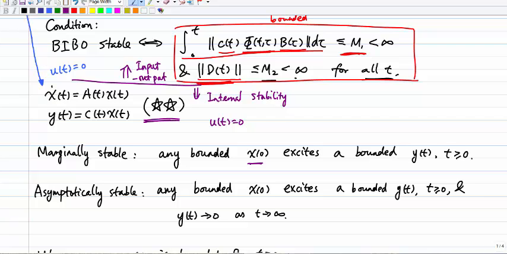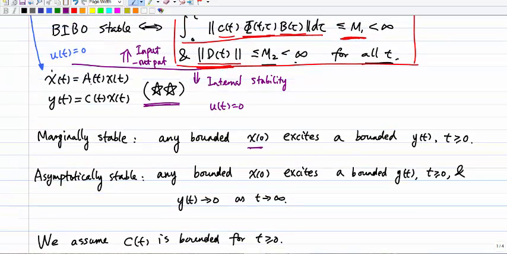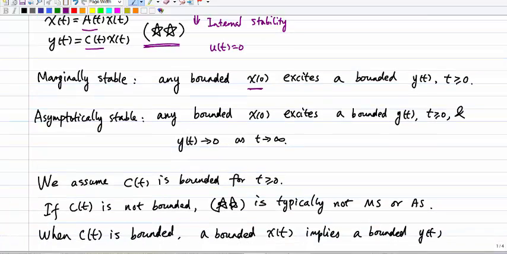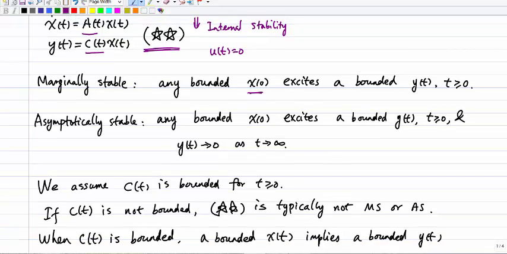However, because we have A(t) and B(t), the condition is typically different from the linear time invariant system. Here we also assume that my C(t) is bounded for all positive t. The reason is that if C(t) is not bounded, then the system is typically not marginally stable or asymptotically stable.